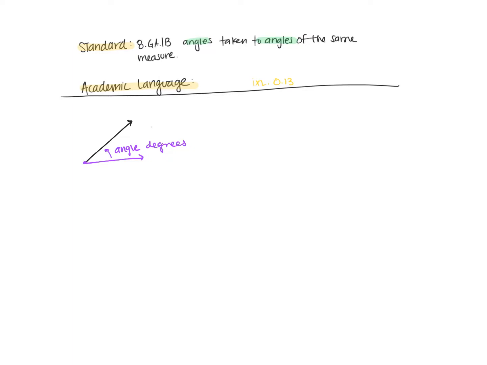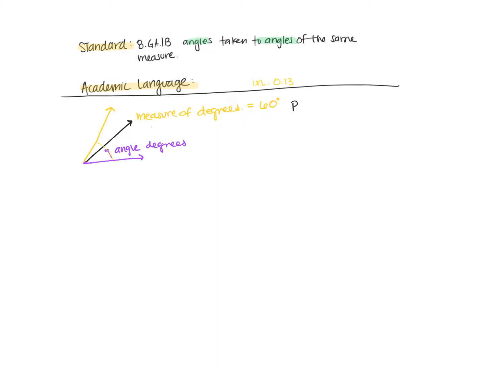So how much you open up, this angle would be a measure of degrees. So you would say maybe it looks about 60 degrees. We use a protractor.